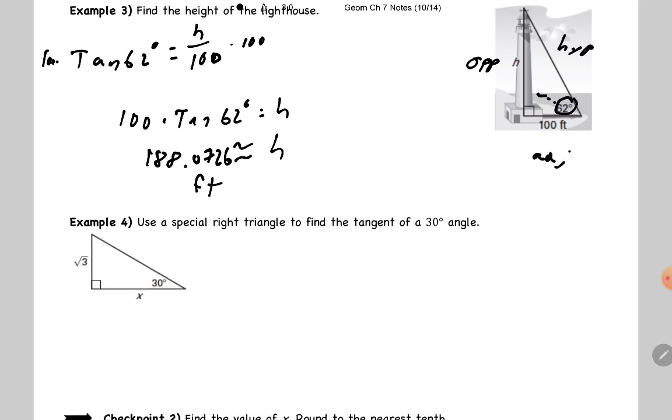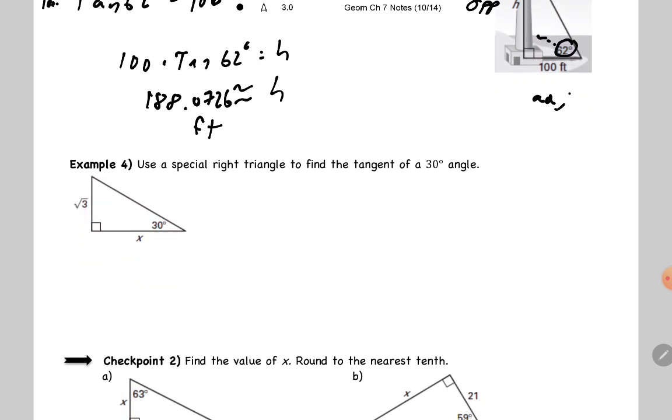Okay, example 4. Use a special right triangle to find the tangent of a 30 degree angle. So if you remember from last time, we have a special right triangle where it's a 30, 60, 90 degree triangle, and it follows this pattern.